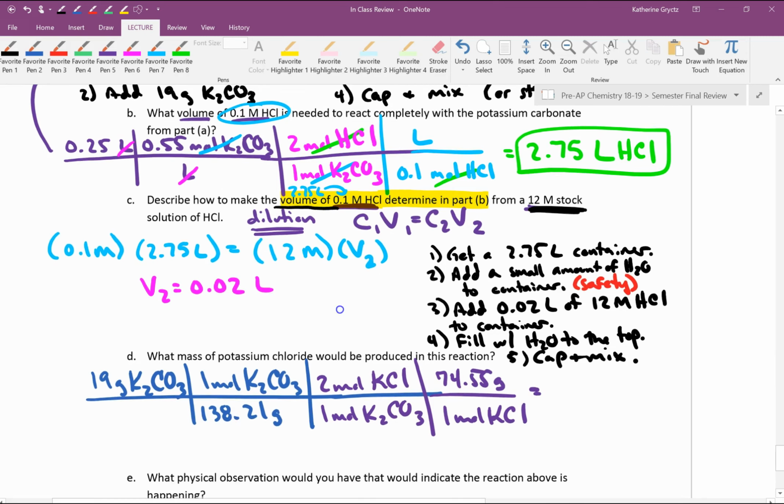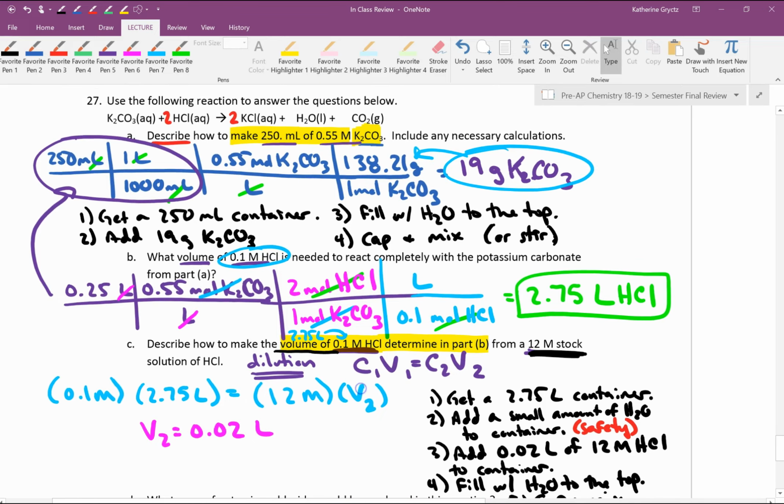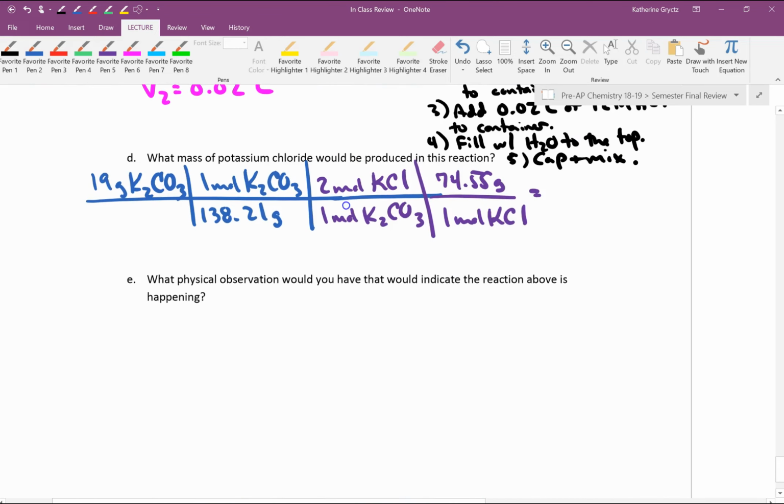And we're going to do all the numbers given to you in the problem that we've used. We used 2 sig figs. So we're going to give 2 sig figs. So we get 20 grams of KCl. Okay?